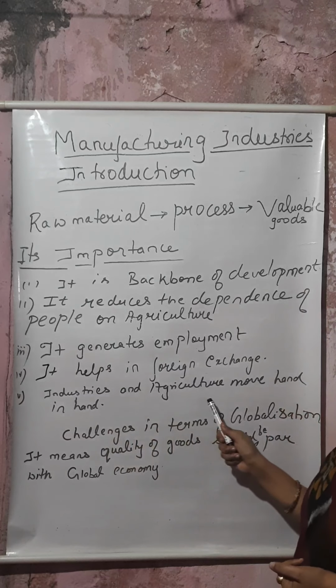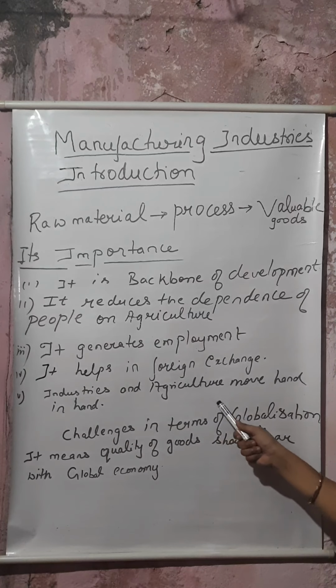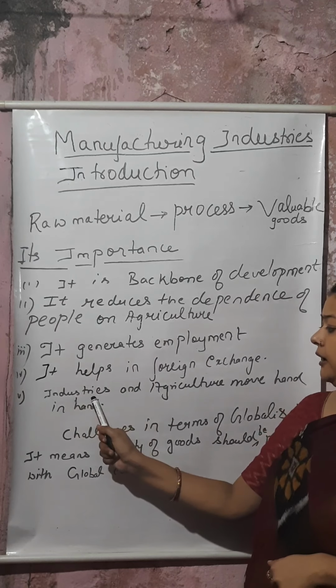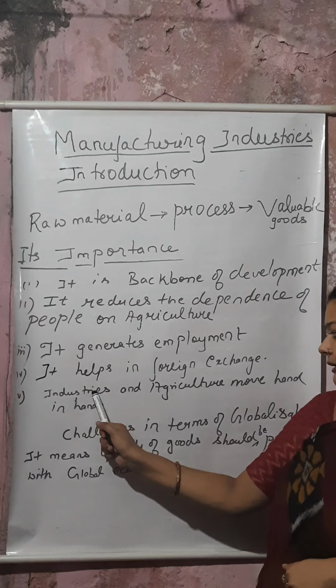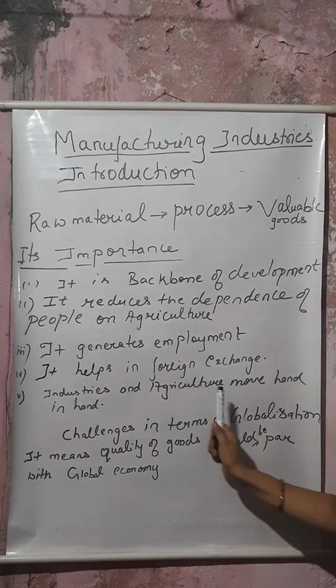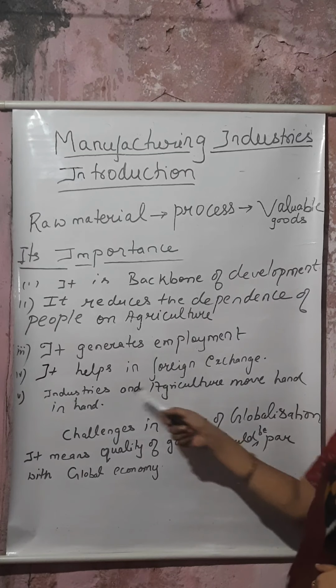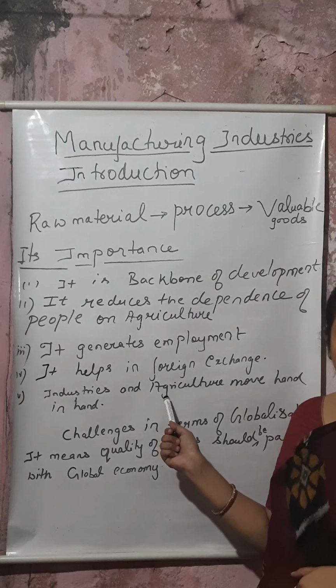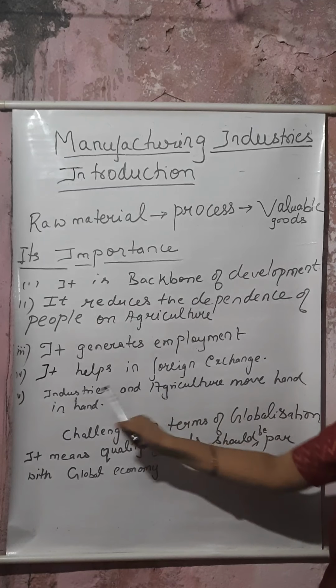It means both are interdependent with each other. Industries are providing equipment, machines, and tractors to the agriculture sector, and the agriculture sector is providing raw material to industries. So these two sectors are interdependent and move hand in hand.